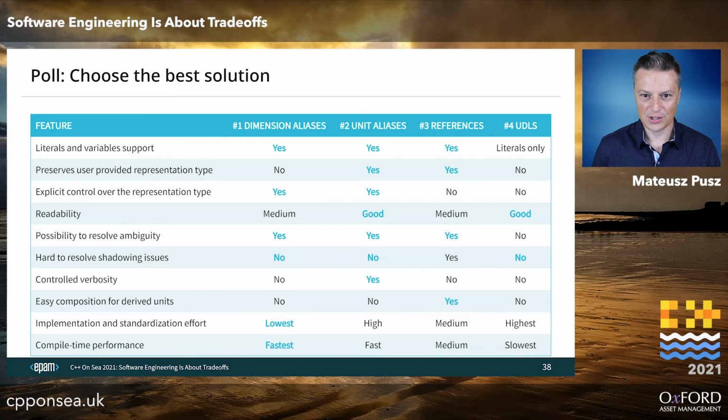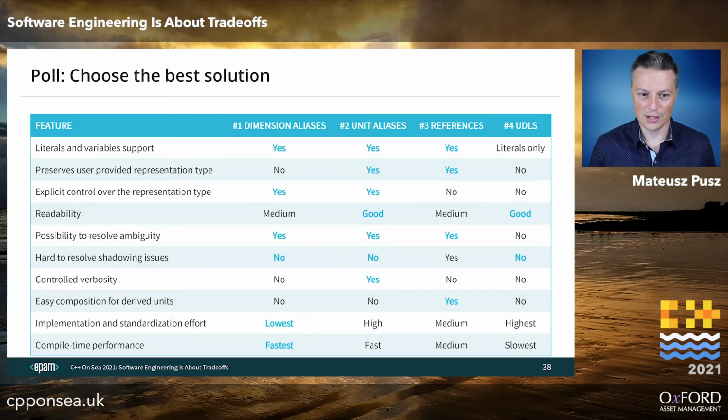I also have a comparison in such a table with all of the solutions and all of the factors here. When you see blue, it means that it's the best solution in a specific column. So you have all of the alternatives here and the support for literals and variables, preserves user-provided representation types, explicit control over representation type, readability, possibility to resolve ambiguity between different namespaces, hard to resolve shadowing issues in case of small objects, I mean like short names or identifiers of the objects, right?